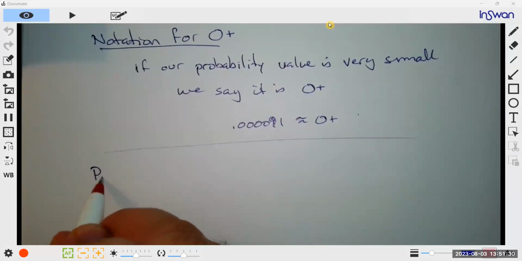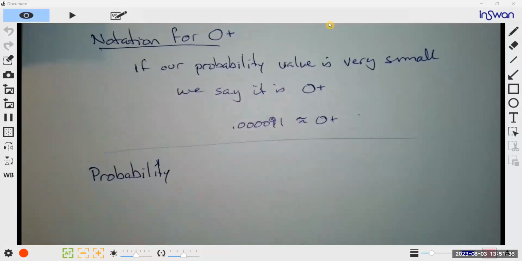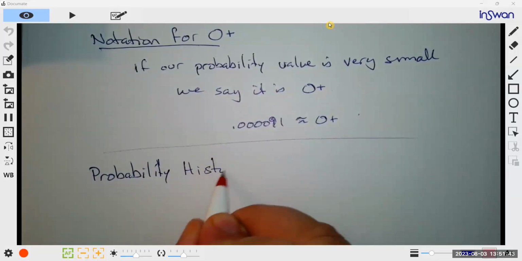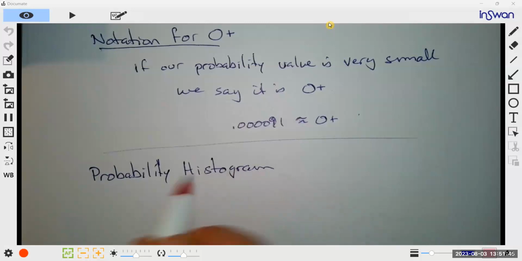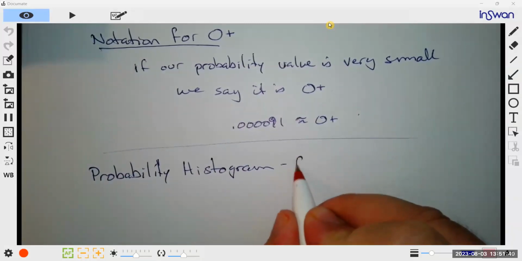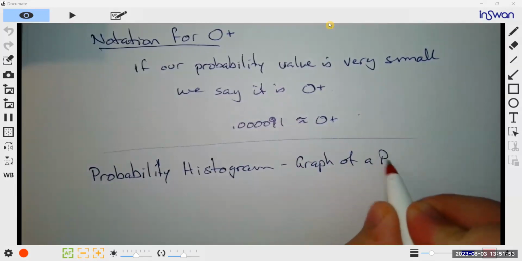All right, let's look at the probability. Since we can make a distribution, we have a chart made out of it, we can now have a probability histogram. This is a graph of a probability distribution.